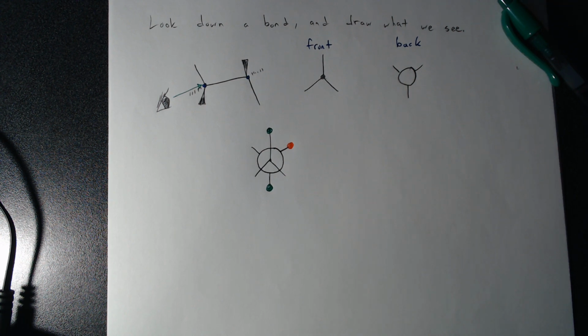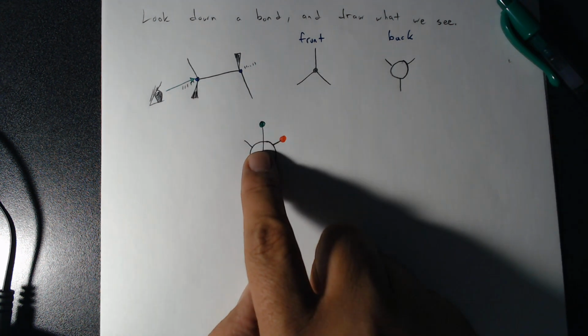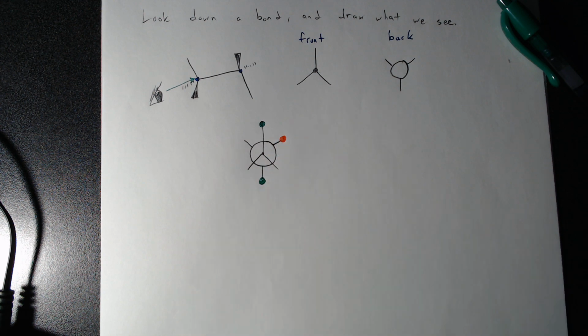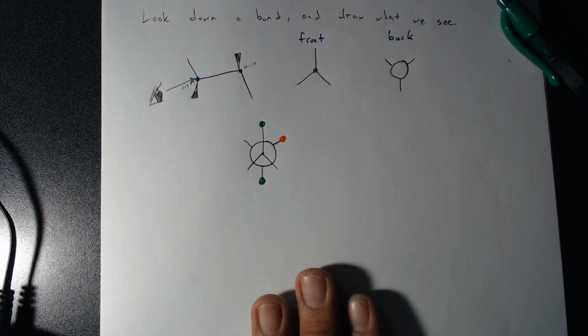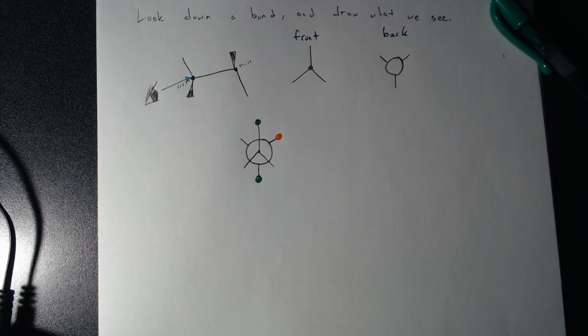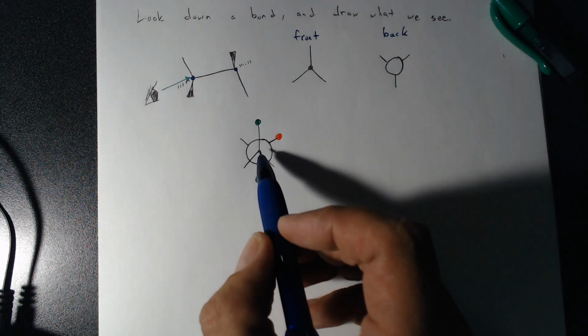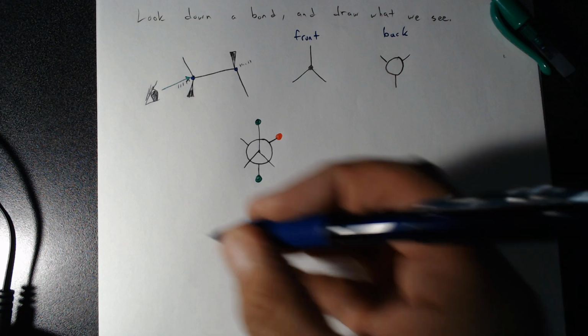We call the angle between groups on the front carbon and groups on the back carbon, do you remember what that name was? Phi. That was the Greek letter, phi, but what do we call that angle? It was the dihedral angle. So once again, the dihedral angle is the angle between a group on the front carbon and a group on the back carbon.